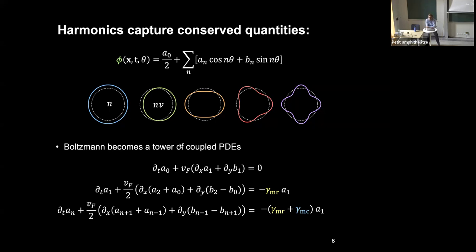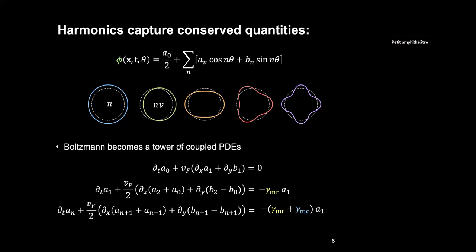So if you think of old school Ashcroft-Mermin relaxation time, it would be like the whole distribution function relaxes at some rate gamma. So gamma MR relaxes momentum and every harmonic higher than momentum. And gamma momentum conserving relaxes everything higher than momentum only. I think it's a more convenient parameterization.